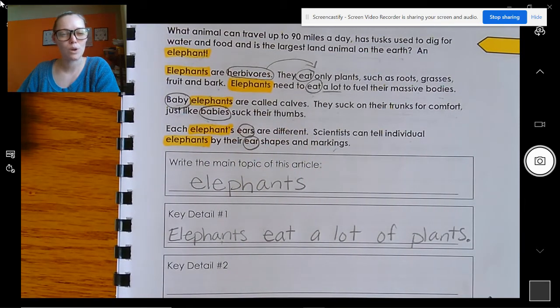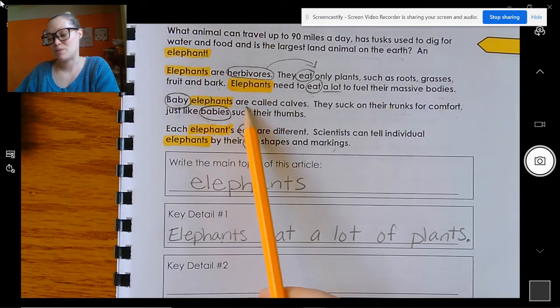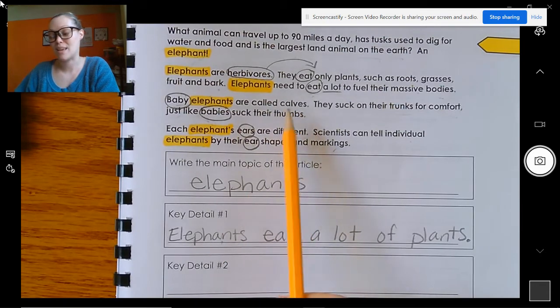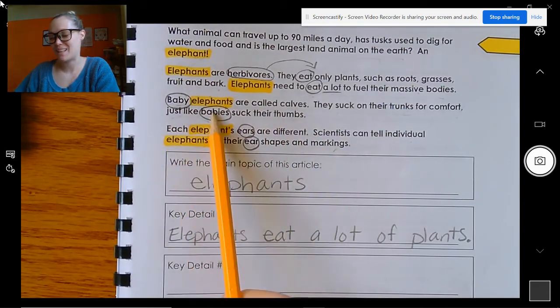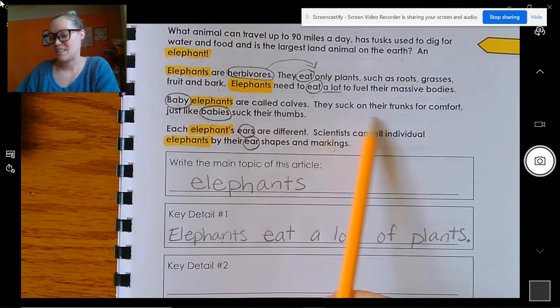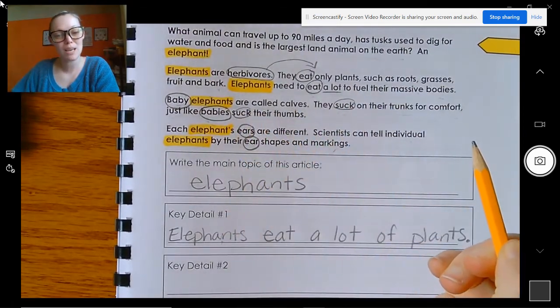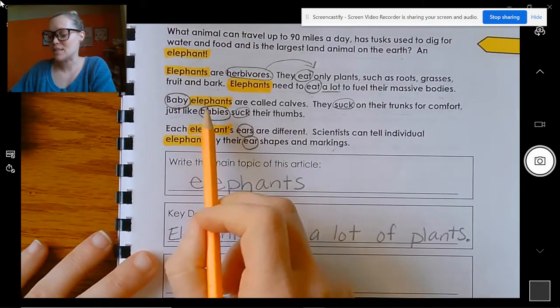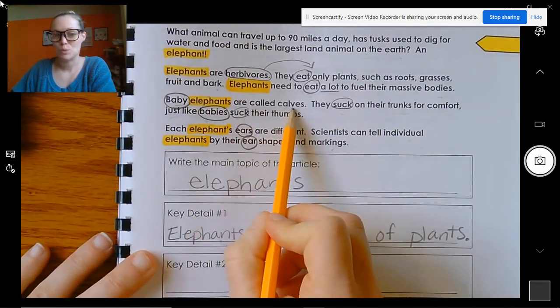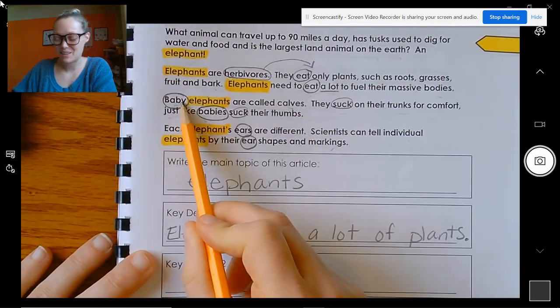But what's important to know about baby elephants there? We could say baby elephants are called calves. We could say calves instead of baby elephants, and that we noticed that suck also was a word that was used multiple times. So we could say calves, which we know are baby elephants.